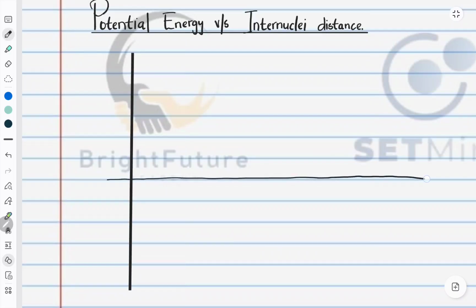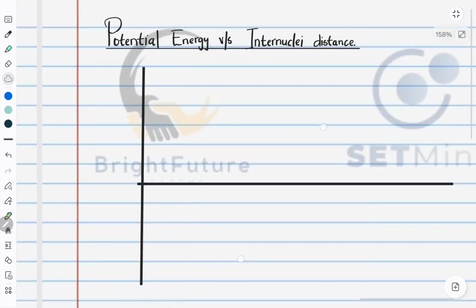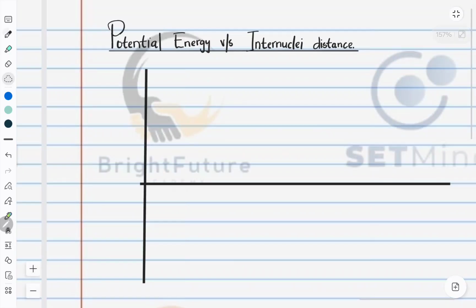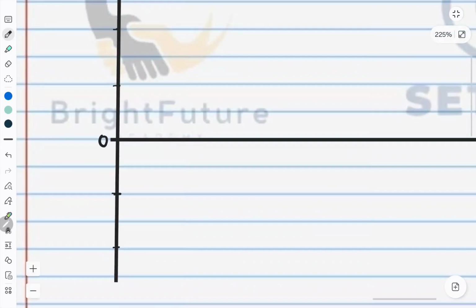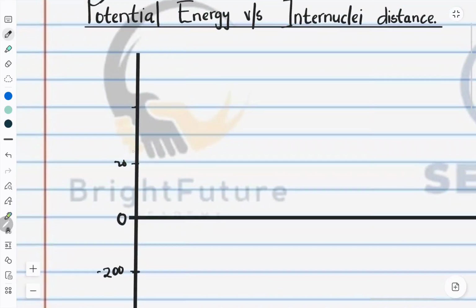So the relationship is between these two variables. That's our 0 there. You can maybe make this value minus 400, because it's below 0, and this one we can make 200.